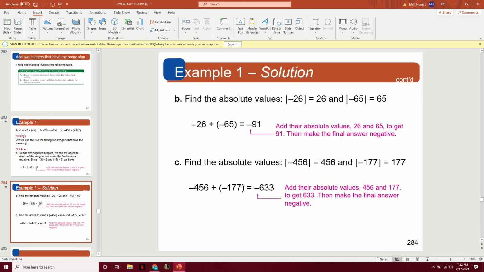If we have -26 plus -65, since they both have a negative sign, treat it like normal addition. Just do 26 plus 65. When you do 26 plus 65, you'll get 91. And since both of your numbers were negative to begin with, your answer is -91. You'll do the same thing for this last problem here.